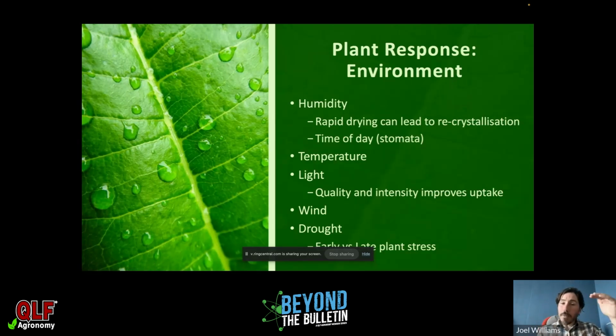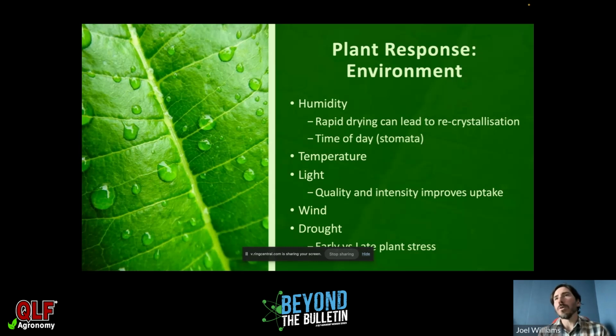So we want high humid conditions and not too hot conditions. That's because with high humidity, the stomata are open. We have more of the micropores, the cracks and crevices in the cuticle layer. These are more open, more porous under high humid conditions. And this is what helps the nutrition pass in through that leaf.